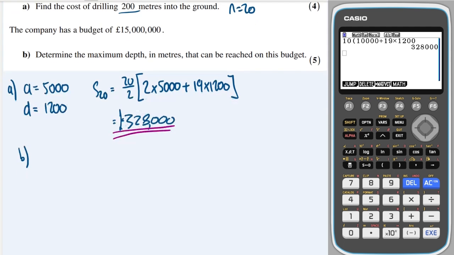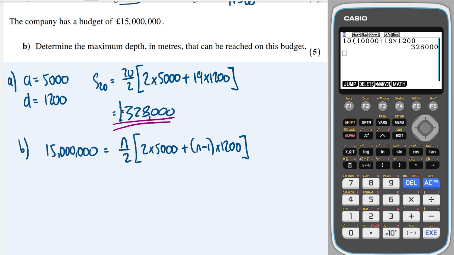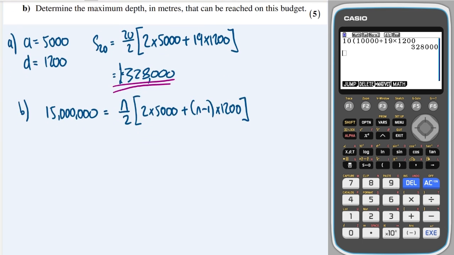Okay, so let's set 15 million equal to the summation formula. n over 2, 2 times 5,000 plus n minus 1 times 1,200. Okay, times both sides by 2. I'm just going to write 30m for 30 million.